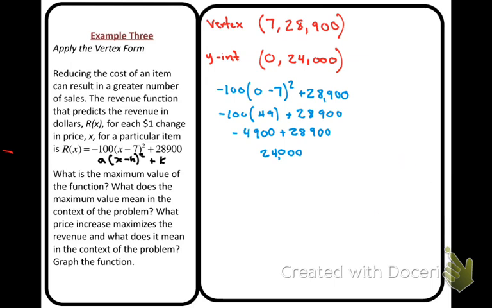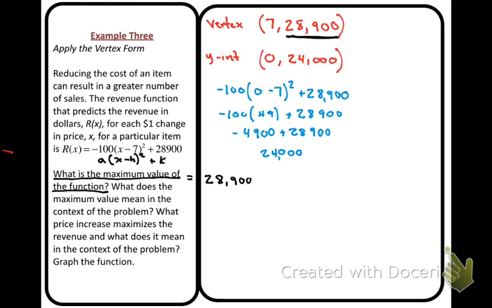So the maximum is going to be this 28,900 number. That's where the highest the vertex goes. That's the y value of the vertex, the vertical, the up and down. So the maximum value of the function, we already know that's going to be 28,900. So we're able to answer one question so far.